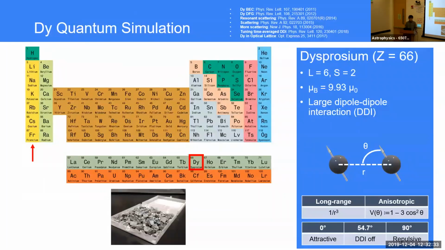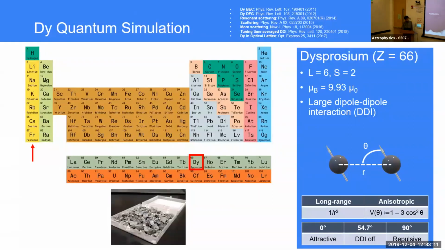In our typical quantum simulation experiments, we care about three extreme dipole polarizations. First, theta equals 0 degrees, or the head-to-tail configuration, which gives us the maximally attractive DDI. Second, the magic angle, which is 55 degrees, which effectively makes the V of theta factor vanish, turning off the DDI. Lastly, theta equals 90 degrees, or the side-by-side dipole configuration, which gives us the maximally repulsive DDI.